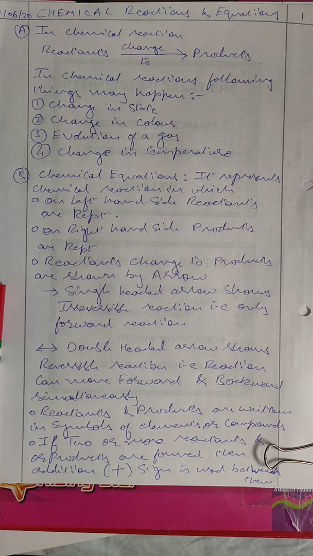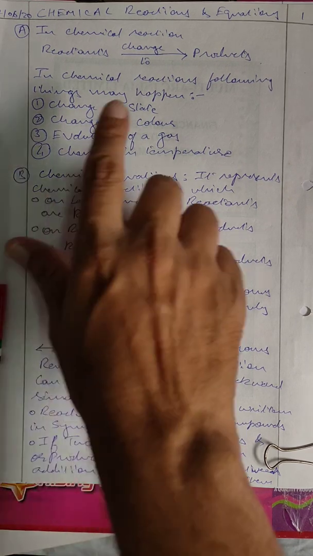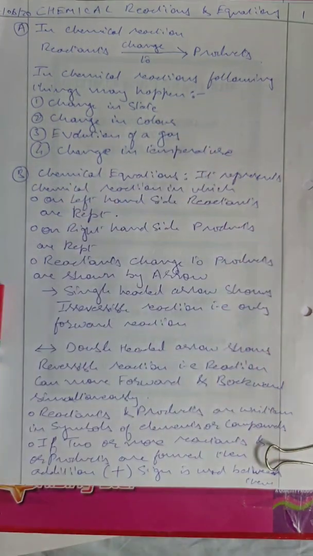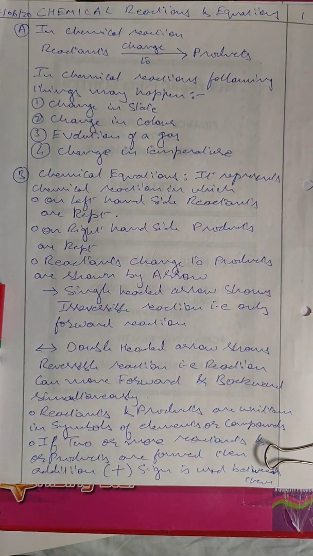Number two, how to write down the chemical equations. So first we will start with chemical reaction. In a chemical reaction, you have reactants which change to products. In a chemical reaction, the following things happen which we can see, judge or observe. First, change in state.